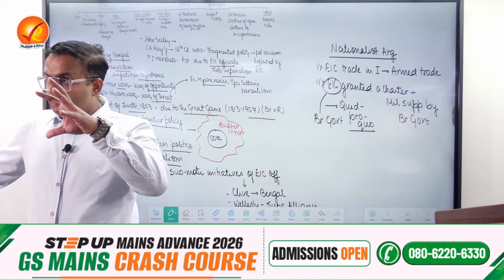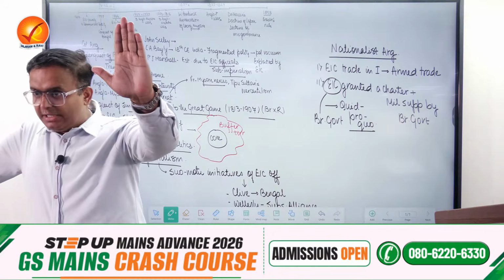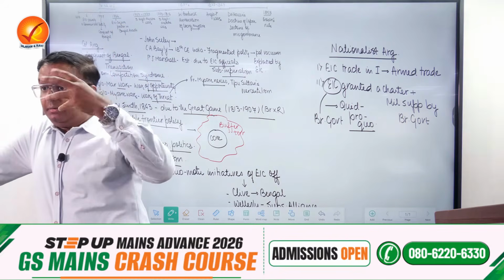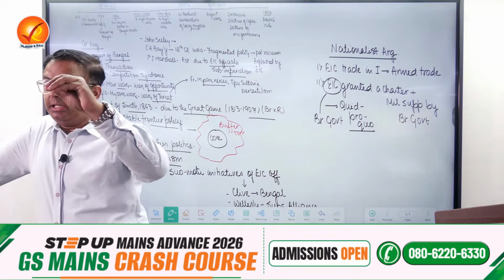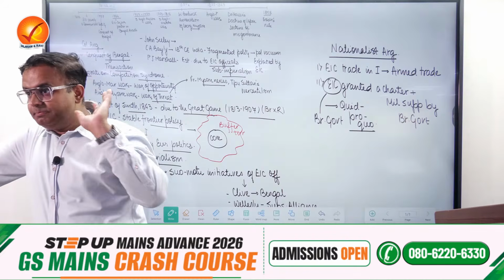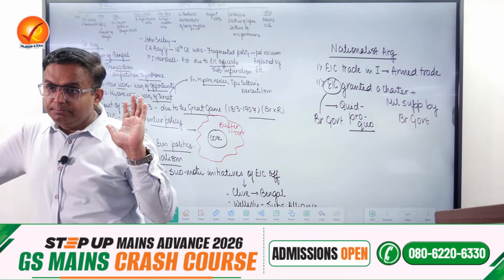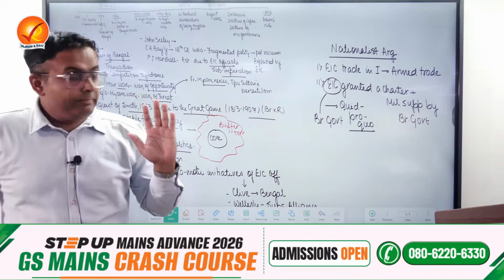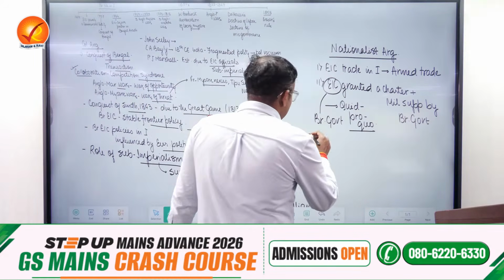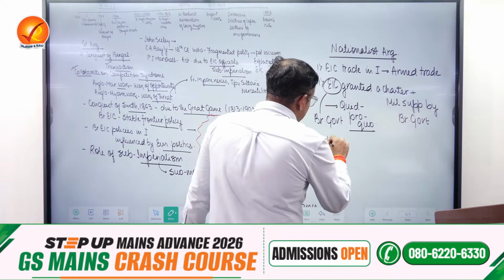Means East India Company was just the facade. From the beginning, they were being controlled remotely, and East India Company were paying an annual royalty to it. They were paying.